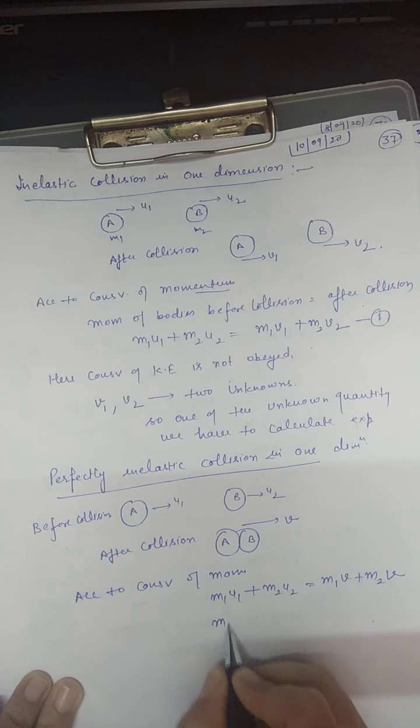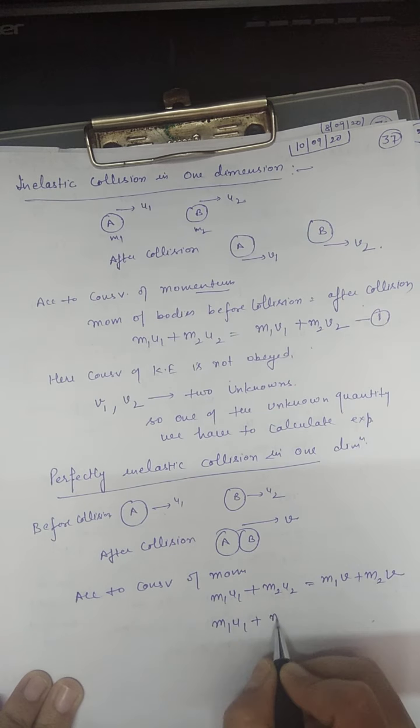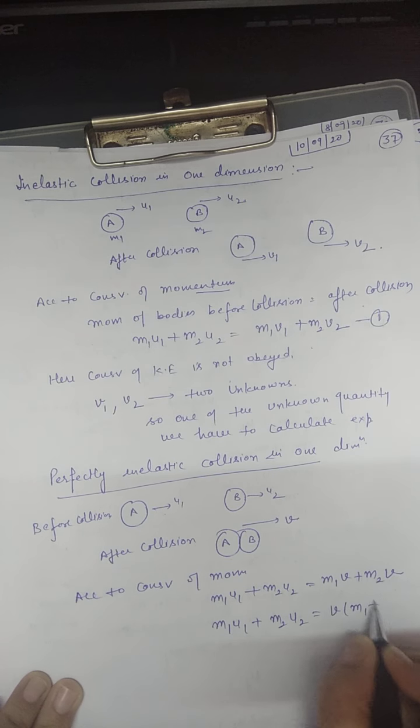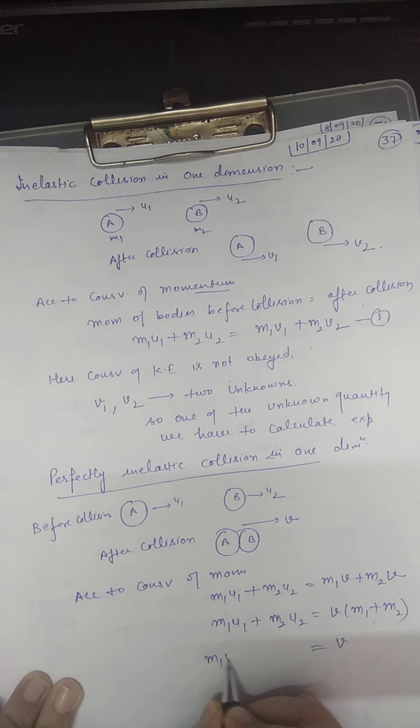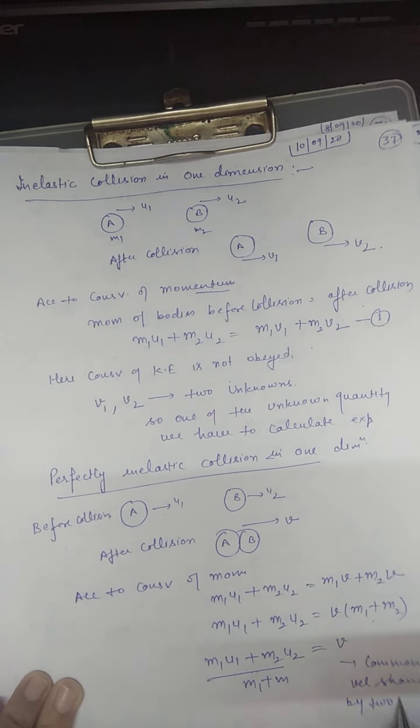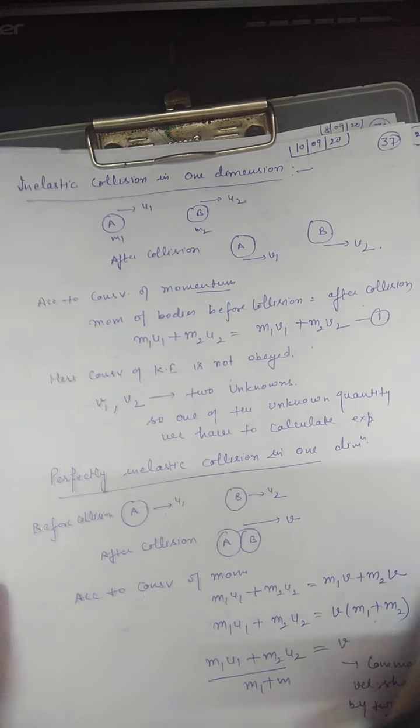So you can write m1 u1 plus m2 u2 is equal to v into m1 plus m2. What is v? v is the common velocity, m1 u1 plus m2 u2 divided by m1 plus m2. This is the common velocity shared by the two masses.